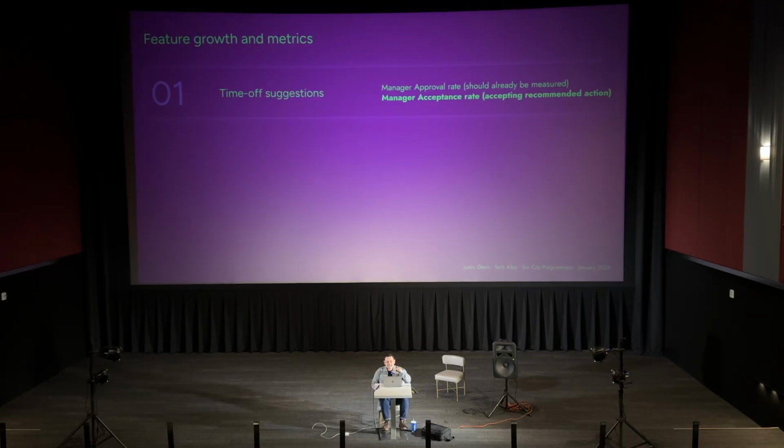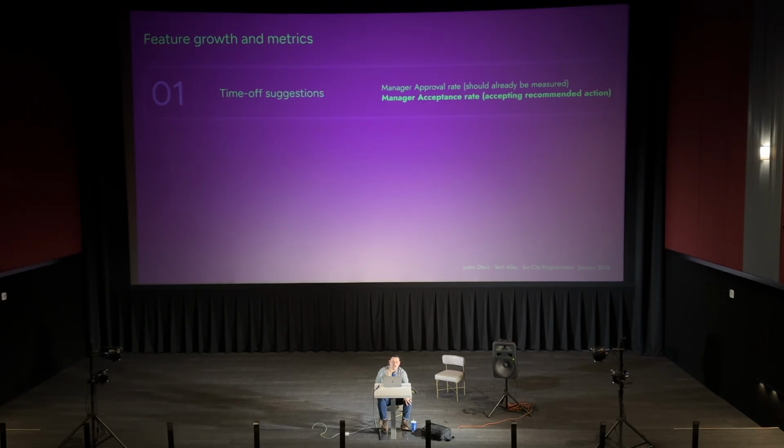But now that I have suggestions being served up to the manager, I want to start tracking manager acceptance rate. How many times is a manager accepting the recommendation, right? That's going to give us a clear metric of is the AI actually adding value?